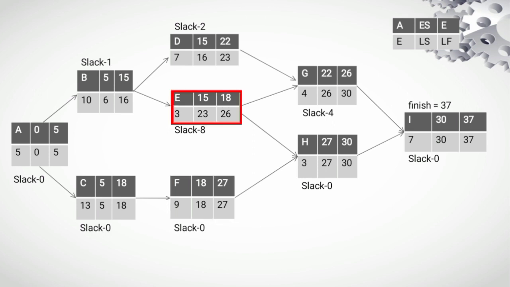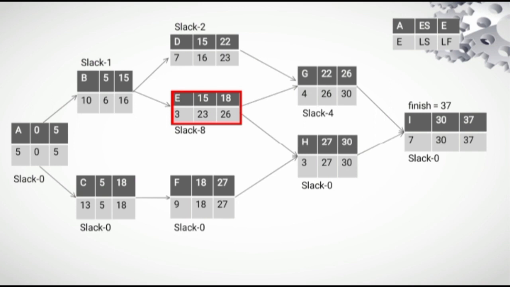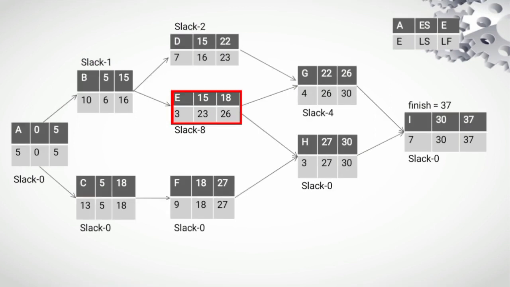F has one successor, H, which has an LS of 27, minus 9 gives 18, the LS of activity F. E has two successors, which are G and H, with 26 and 27 LS times. In this case, you're going to take the one that has the minimum LS time, which is 26 on activity G. It means 26 minus 3 equals 23.